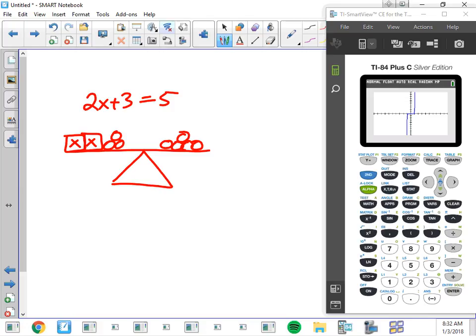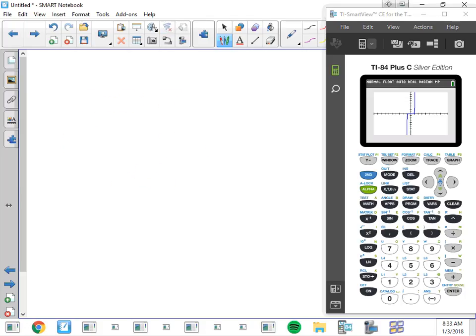So let's eliminate 1 rock. Is it still balanced? Yes. So I eliminate another rock. Is it still balanced? Yep. I eliminate another rock. Is it still balanced? I'm taking the same weights off of both sides. And now I'm left with 2 x's and 2 rocks, so each x must weigh equal to 1 rock. Okay? Let's try one that's a little more complicated.